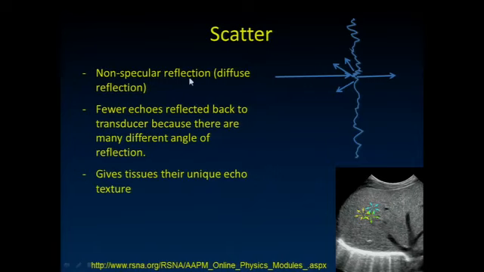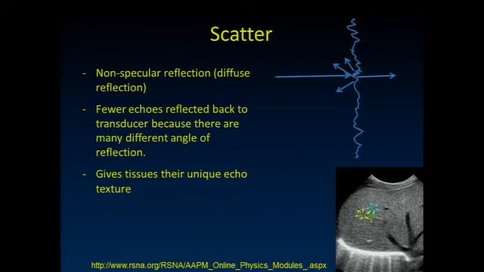This non-specular reflection, or this diffuse reflection, results in fewer echoes reflected back to the transducer because a lot of them don't head back in the direction of the transducer. But some do, and they're rather small, and they vary quite a bit. And this is what gives different tissues that we look at in ultrasound their unique echo texture, right?